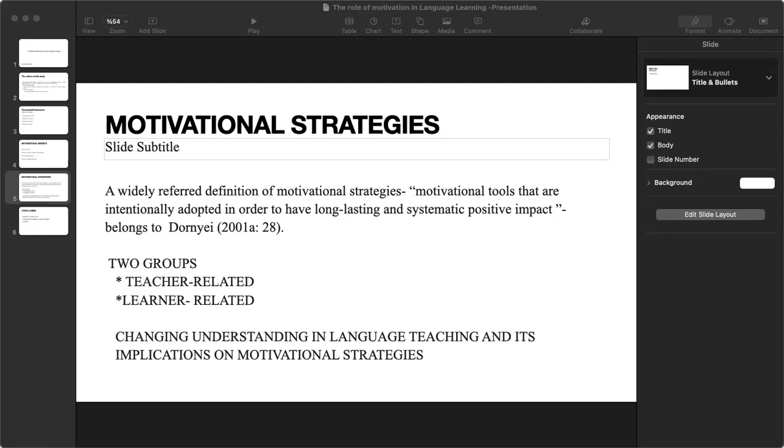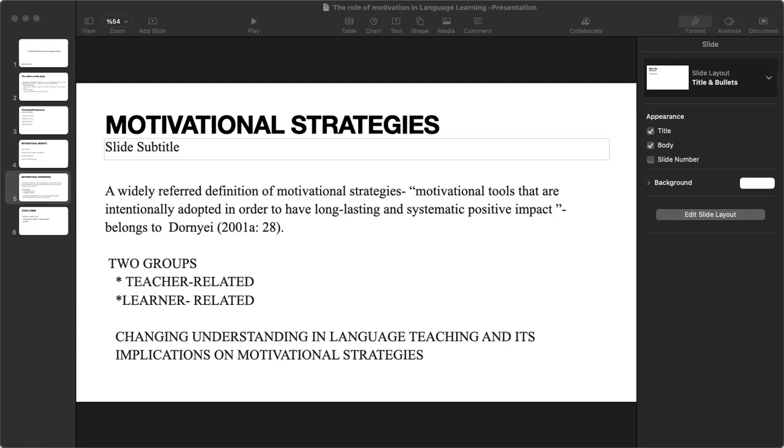And here, of course, how teachers act in the teaching process affects how students approach the subject, what is learned, which shows the importance of teachers in terms of motivating their learners.